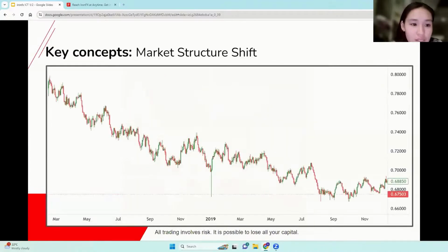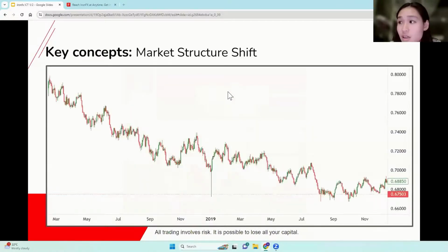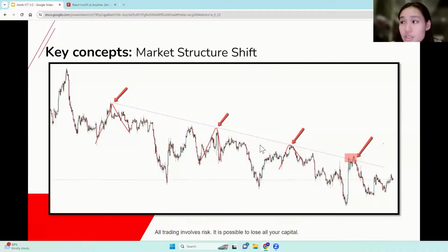If we look at this market structure, it's not as clear, but you can see that it's a very clear downtrend. So that's just basically what we're looking for over here. Okay, but typically we recommend you to look for a market structure that's clearer, something like this. Yeah, or something like this as well. So it doesn't have to follow a trend line.